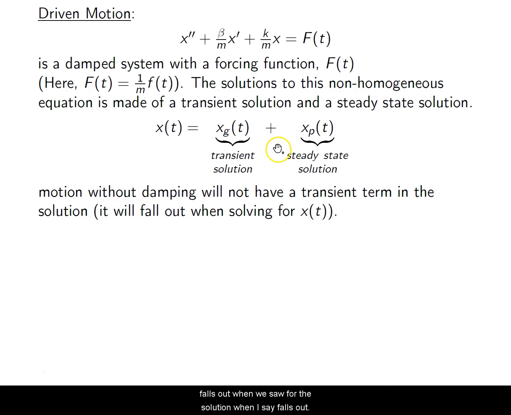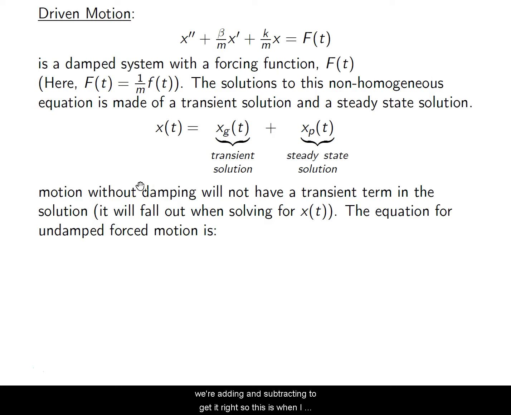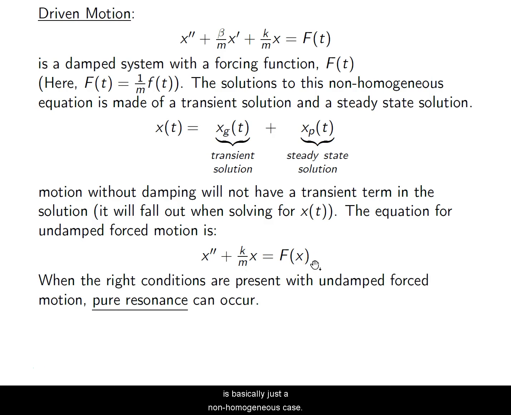When I say falls out, it'll generally either be that C1, the coefficient attached to it, will be 0, or it'll just cancel out when we're adding or subtracting things together, right? So this is when I have a forcing function with damping. If I have a forcing function with no damping, like our first example, it'll look like this. It's basically just a non-homogeneous case, right?